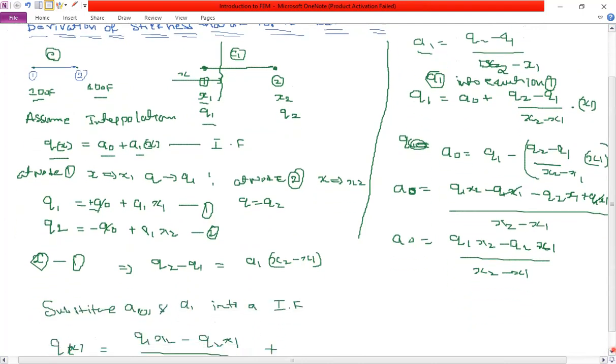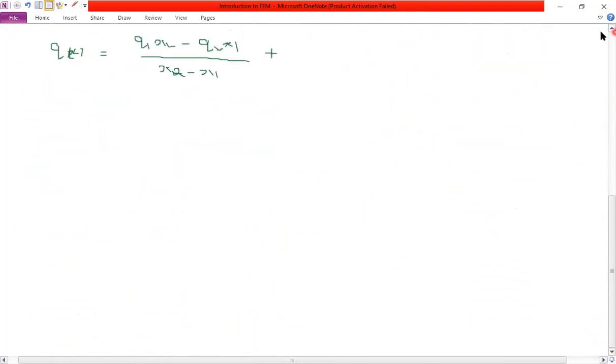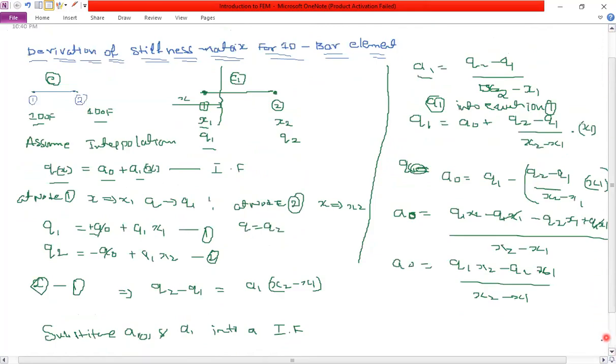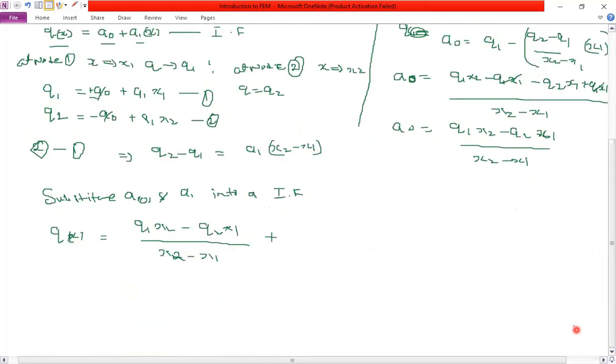Substituting that here, it can be written as q2 minus q1 divided by x2 minus x1 times x. Now let us take the common x2 minus x1, or otherwise let us separate the q1 terms and q2 terms.